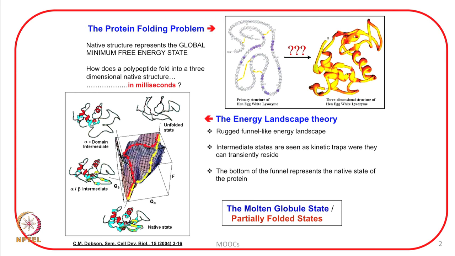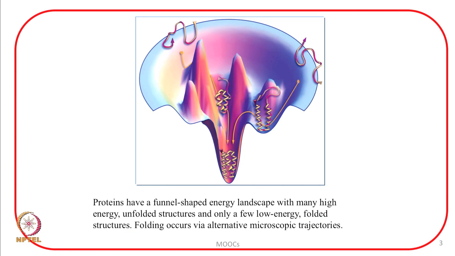This becomes clearer in the next slide: after the protein is synthesized from ribosomes, this primary sequence of amino acids has to adopt secondary structure and finally get the minimum energy three-dimensional conformation, which is the native state of the protein, and it goes through several intermediate states.